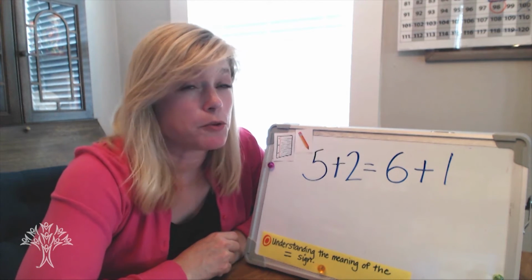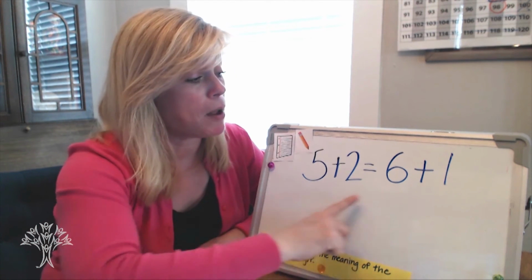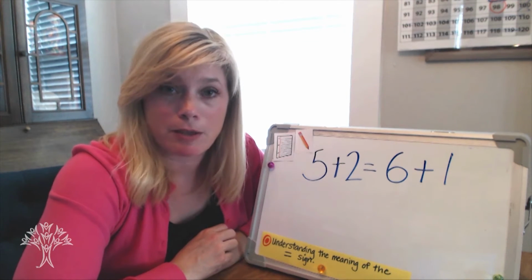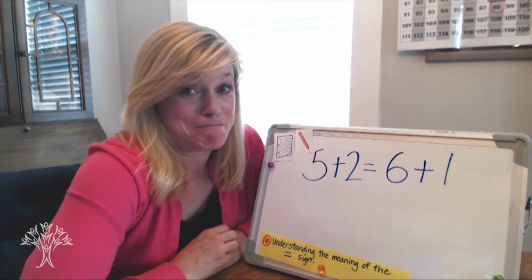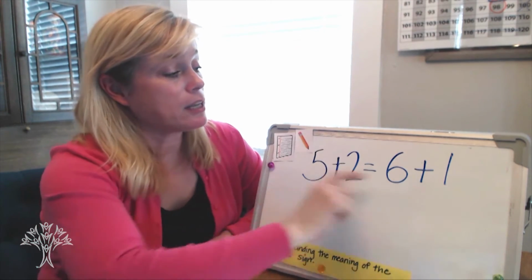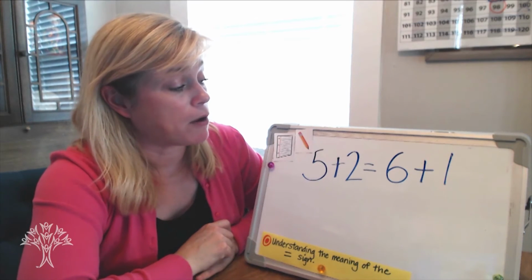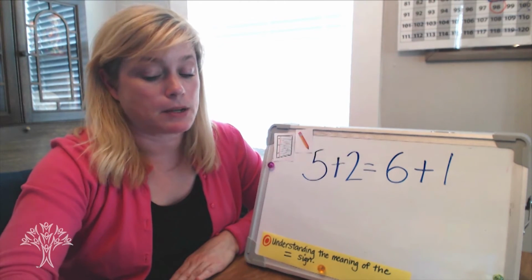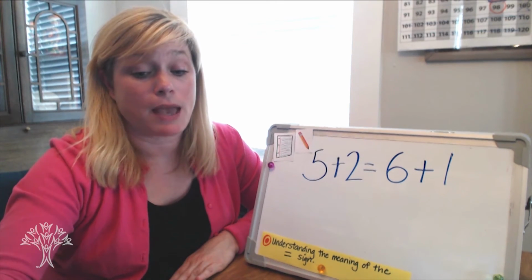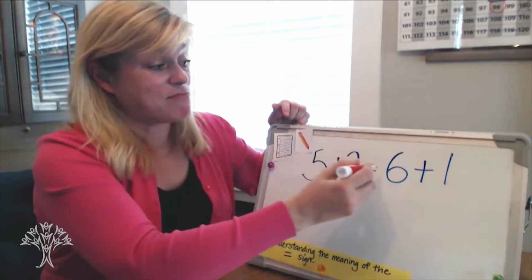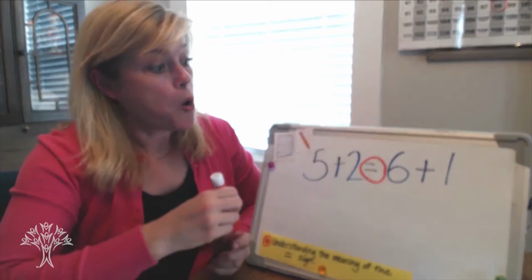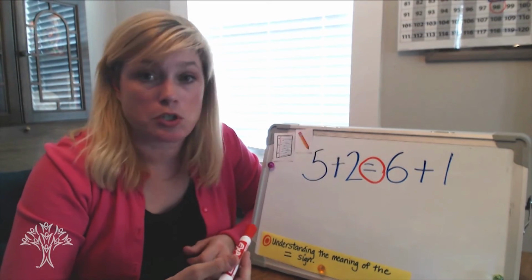Now, even if you have never written a math problem like this, does that mean that you can't write a math problem like this? I don't know. Let's take a look. All right. So when I look at a math problem like this, I have to think about this equal sign that's in the middle. And a lot of times when we use an equal sign in math, it means we write the equation and then we put like 1 plus 1 equals 2.